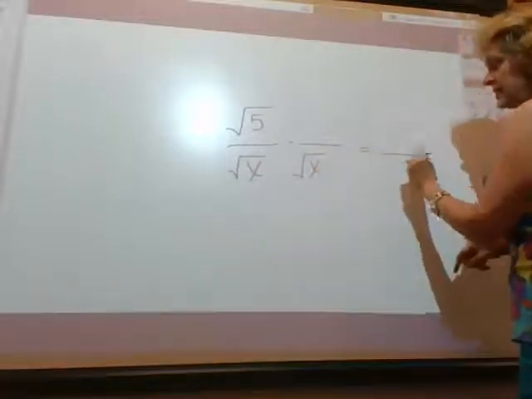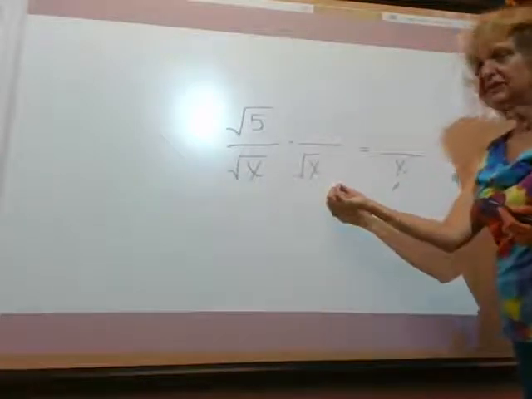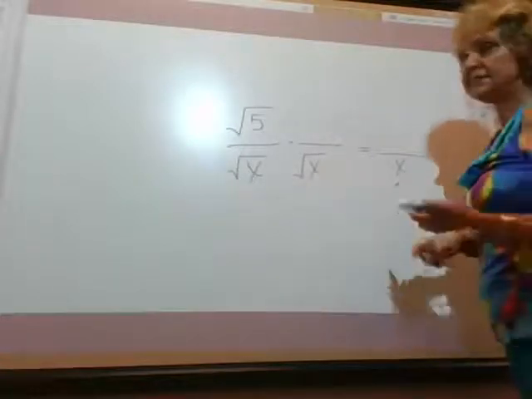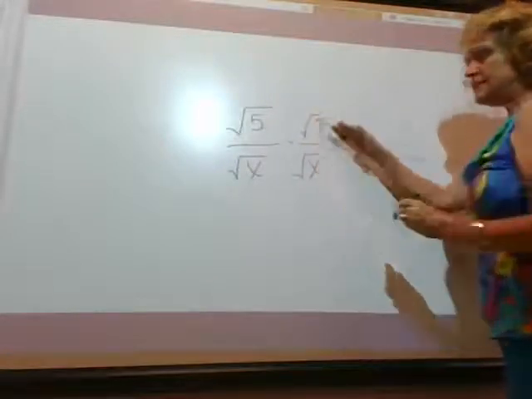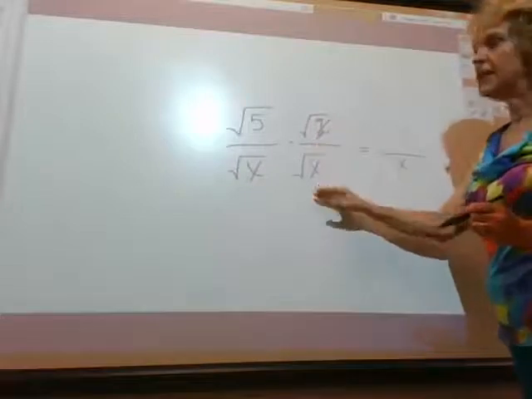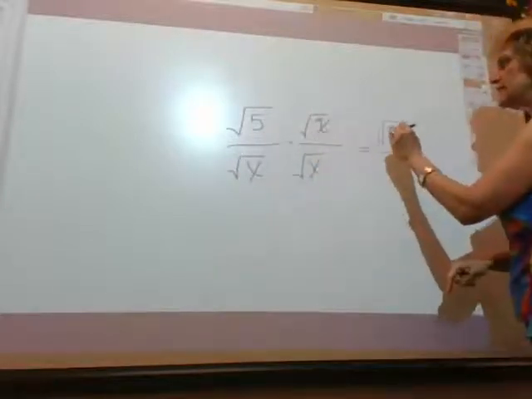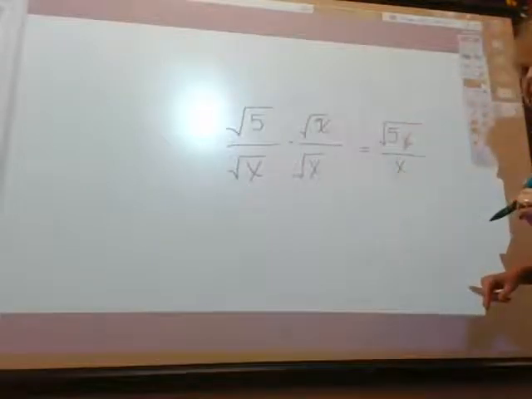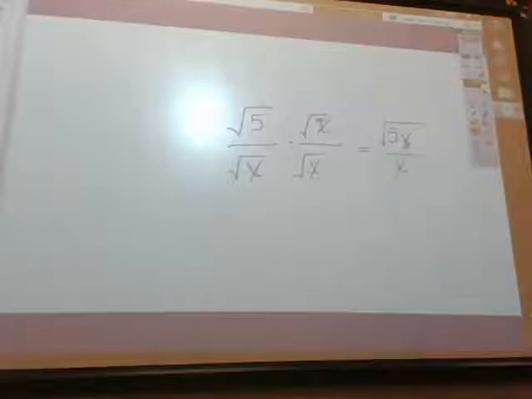That'll give me x, won't it? Yeah, any radical times itself will give you the radicand, the thing underneath the radical. All right, so I have to multiply by the same thing. This is 1. So radical 5 times radical x is radical 5x. And don't try to reduce right there.